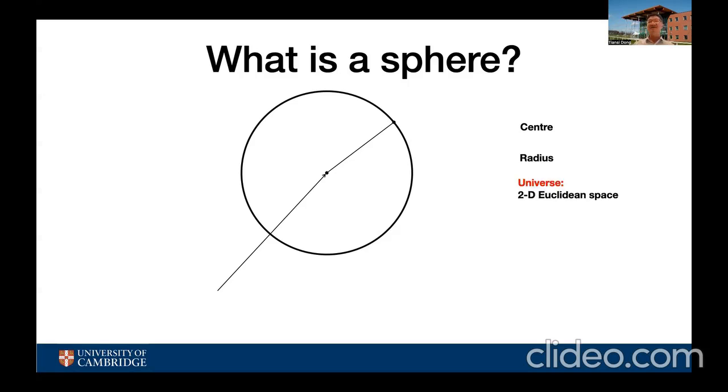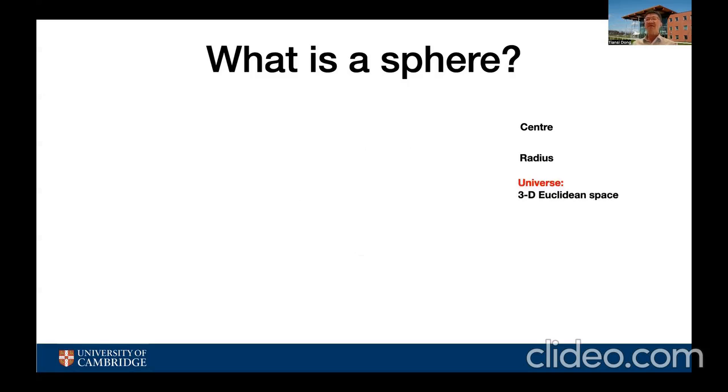But if we think a bit more, say, this is a circle, this is the sphere in a 2D Euclidean space, and that's a circle. What is a sphere in a 3-dimensional Euclidean space?